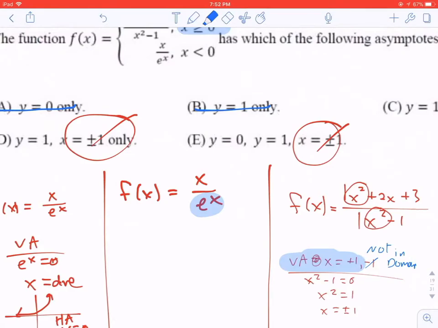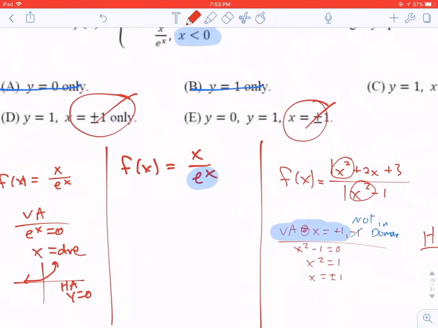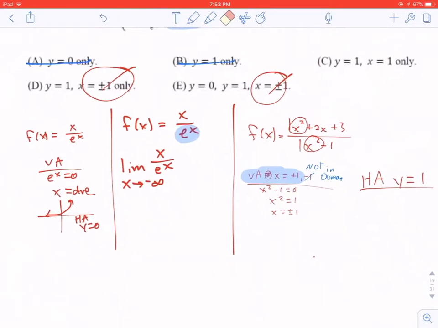That means the end behavior as you go to the right can be different than the end behavior as you go to the left. The end behavior we want to look at is to the left because x is less than 0. So to find if there's a horizontal asymptote in the domain that we're looking for, we have to find the limit of x over e to the x as x goes to the left forever because our domain is x is less than 0.